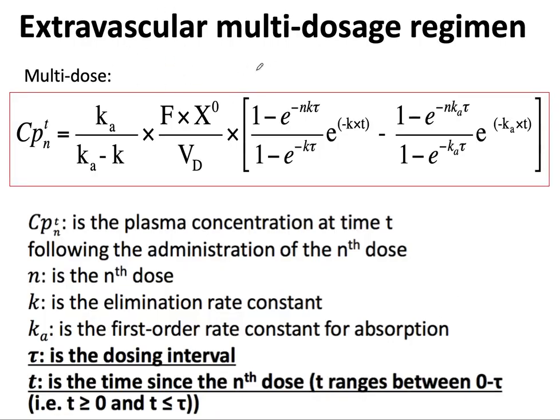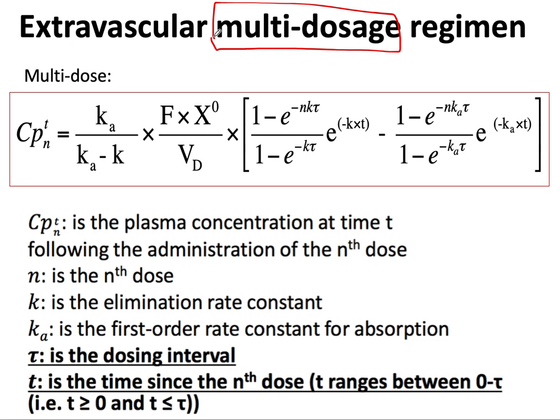In extravascular multiple doses, the only thing that we need to take into consideration is the multiple dosing regimen. And this follows the same concept as multiple doses in IV bolus. We are talking about dependent multiple doses, which means that we have accumulation. And when you have accumulation, you have a build-up in the concentration until you reach a steady state.